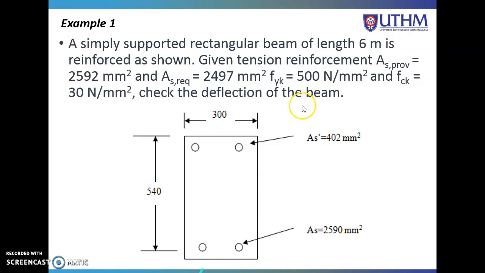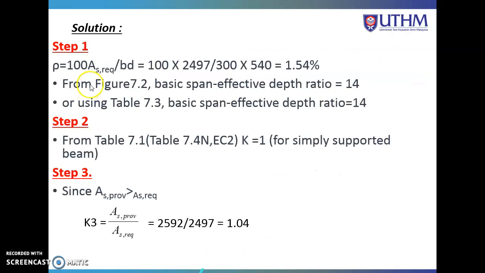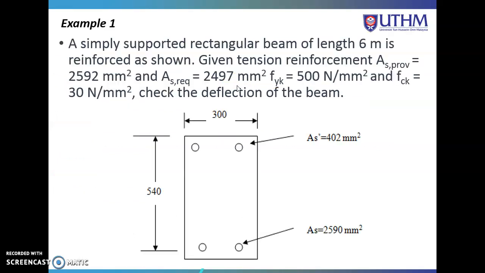Okay. First, we need to calculate rho, which is 100 As required divided by bd. Okay, we calculate this one, and by using this, we can know the basic span effective depth ratio. Okay, we know fck is 30.